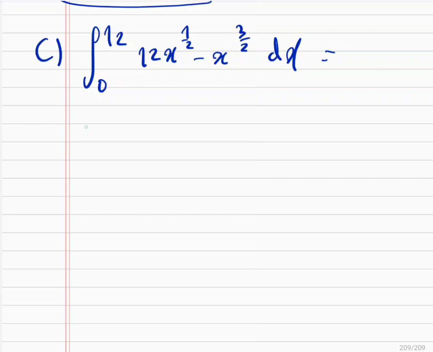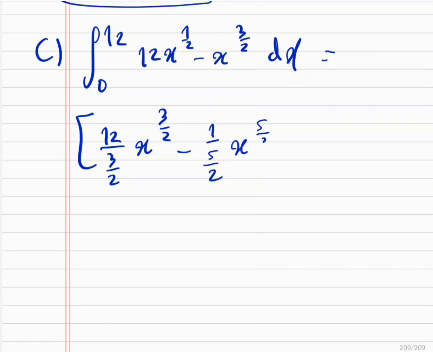Okay, at this point, the first term is going to be: a half plus 1 is 3 over 2, so we divide 12 by 3 over 2, and then x to the power of 3 over 2. And then minus, 3 over 2 plus 1 is 5 over 2, so we have 1 over 5 over 2, x to the power of 5 over 2, and the limits are 12 and 0. Now we can simplify.